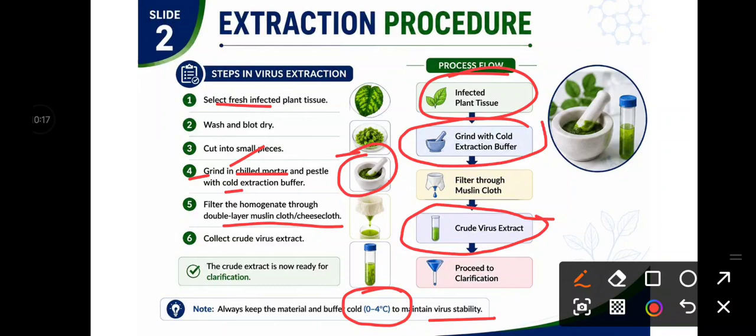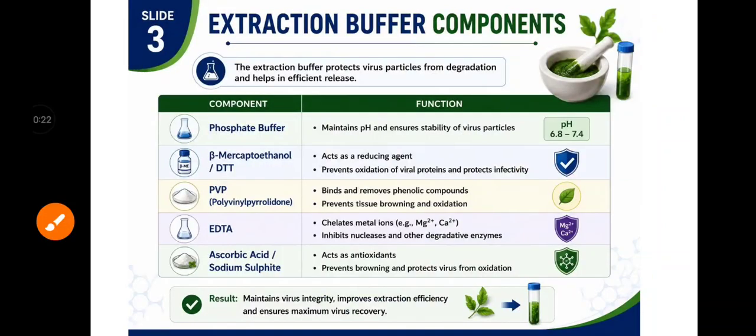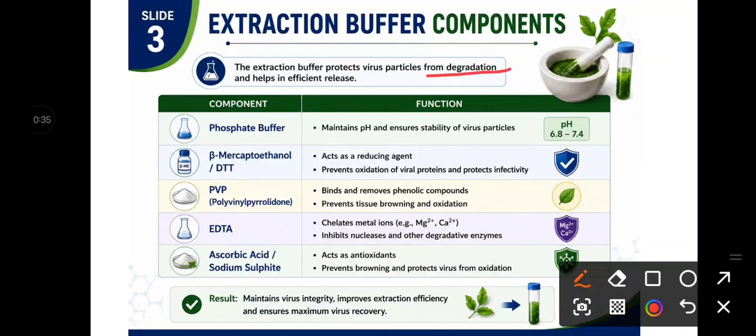This is about the procedure of the extraction of plant virus. Next, about the extraction buffer. Why is extraction buffer needed? To protect the plant virus particles from degradation and help in efficient release. The extraction buffer name itself suggests that it will help in extraction.